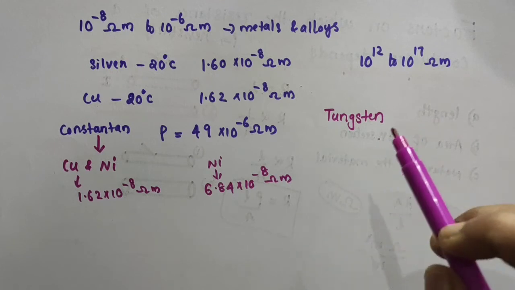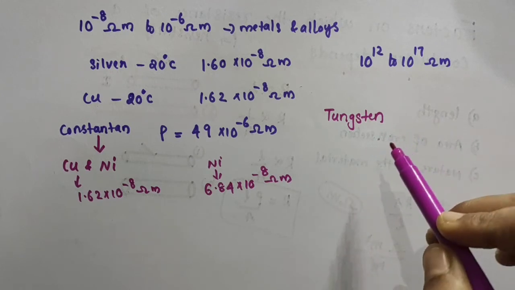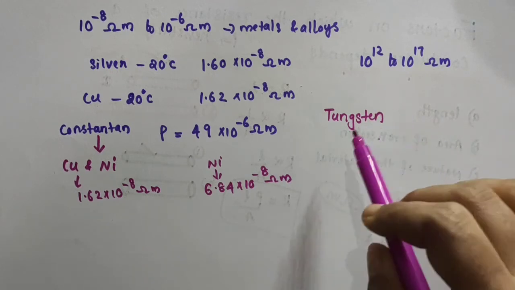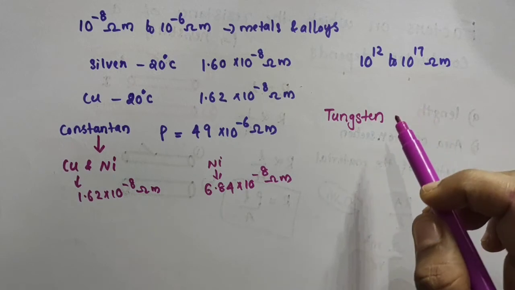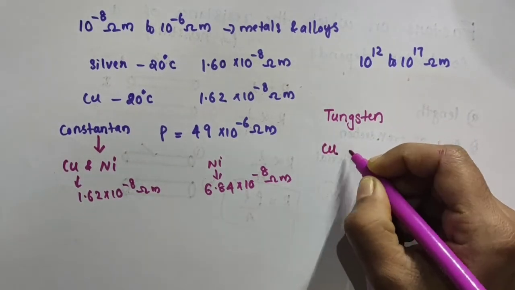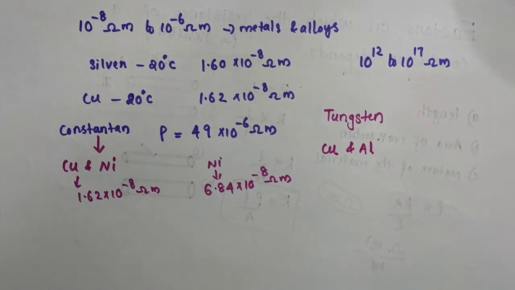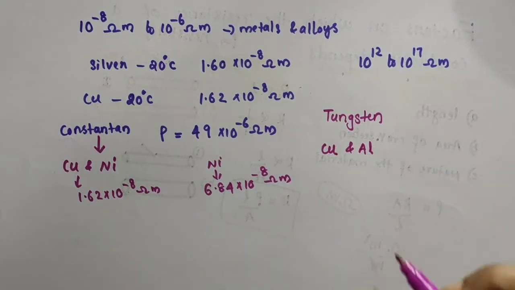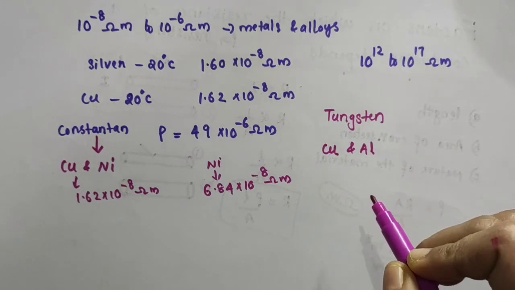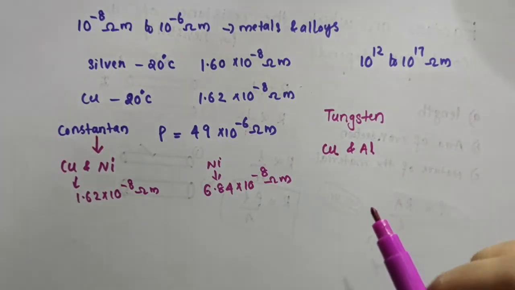So tungsten does not melt easily due to the heat produced by the passage of electric current through the filament. And copper and aluminium are generally used for electrical transmission lines because they have low resistivity and are good conductors of electricity.